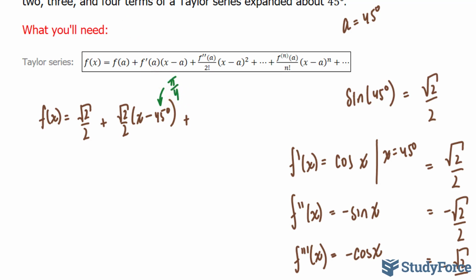It's up to you. Moving on, now we take this number, the square root of 2 over 2, and it's negative, and we divide it by 2 factorial. This ends up becoming negative square root of 2 over 4 bracket x minus 45 degrees raised to the power of 2.